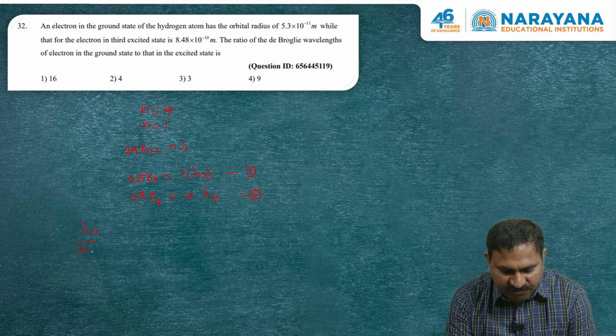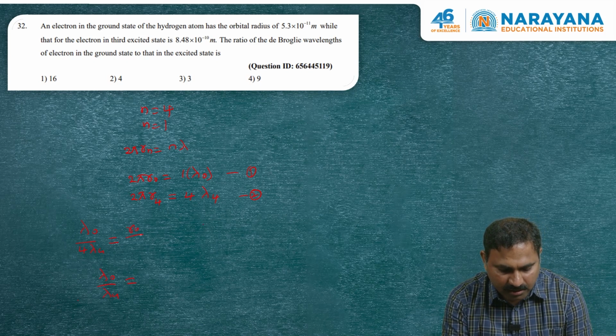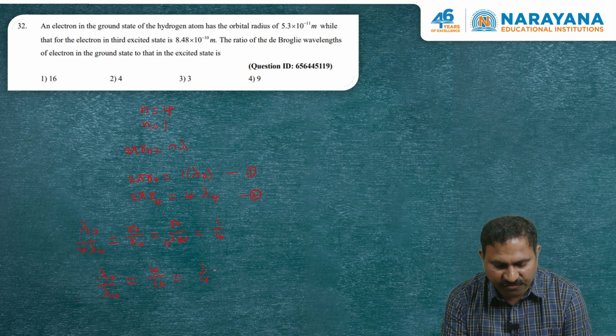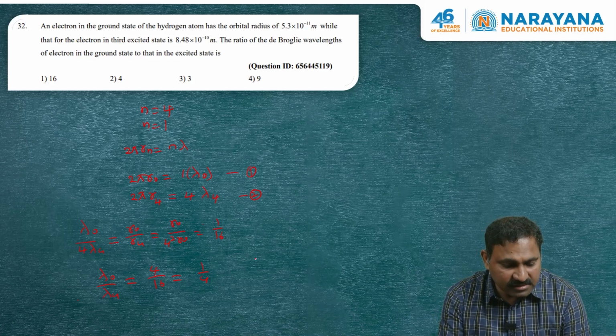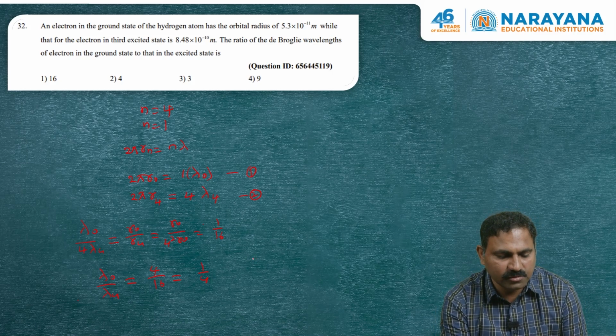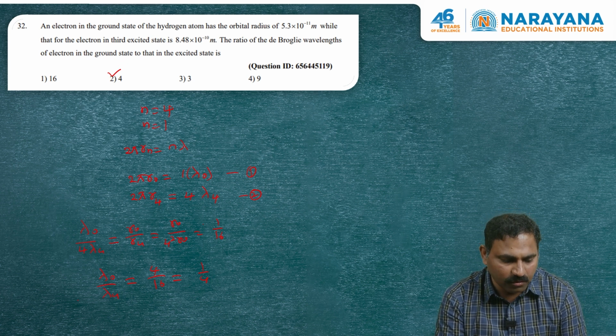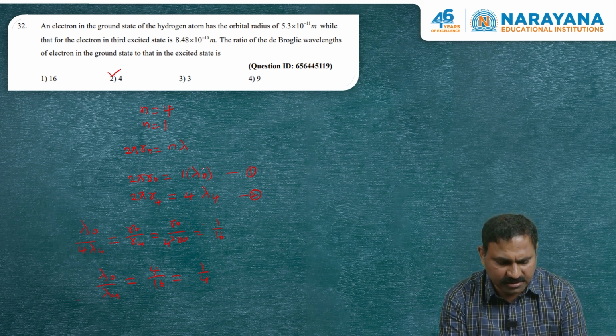Lambda naught by 4 times lambda 4 equals R naught by R4, which is R naught by 4 square times R naught, that is 1 by 16. So lambda naught by lambda 4 comes out to be 4 by 16, that is 1 by 4. Actually the answer is not there, but the best possible answer we can take is the second option, given as 4. Let us go to the next question.